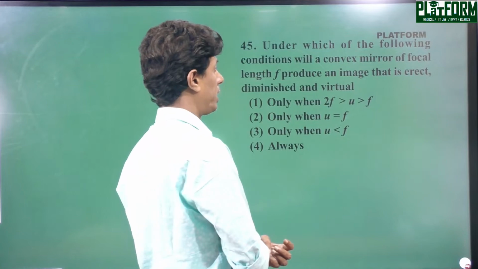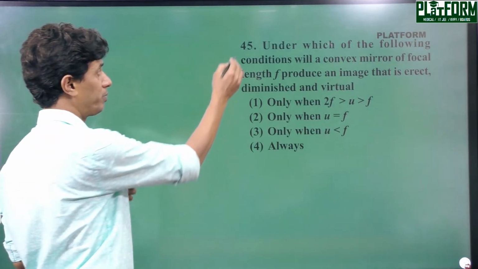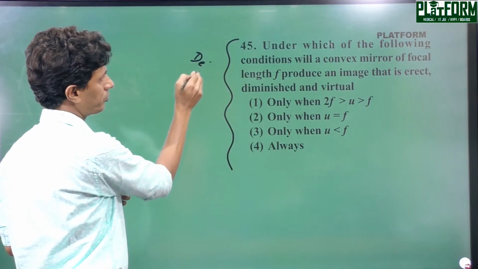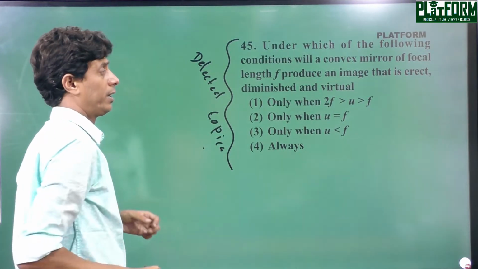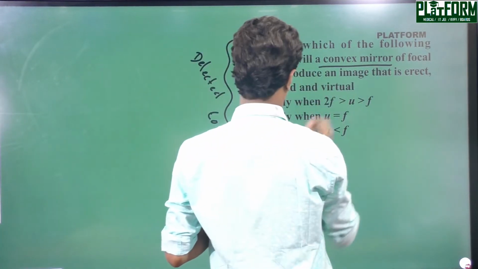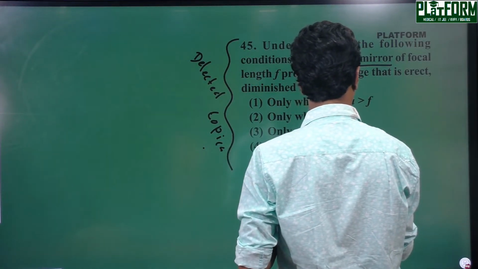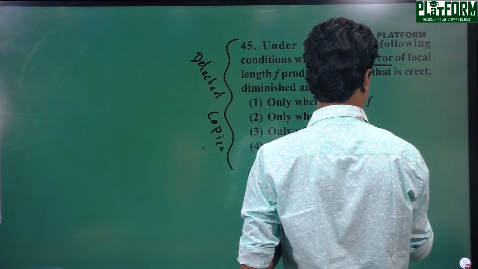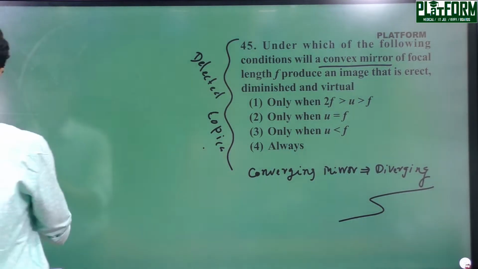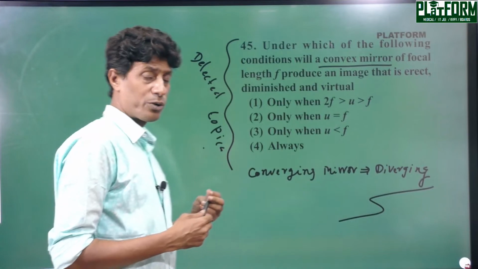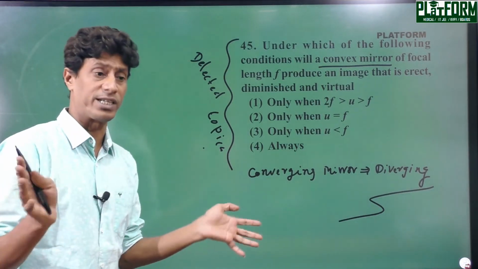Under which of the following conditions will a convex mirror of focal length f produce an image that is erect, diminished and virtual? It is also taken from the deleted topics. The nature of this mirror is diverging, and a diverging mirror always produces a virtual, diminished image, whatever the object distance.